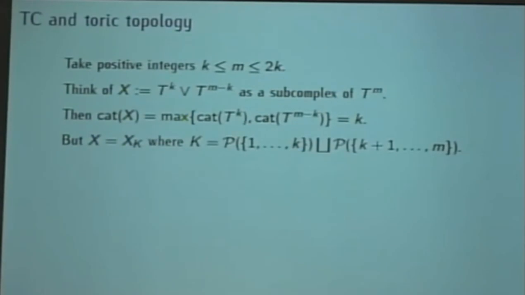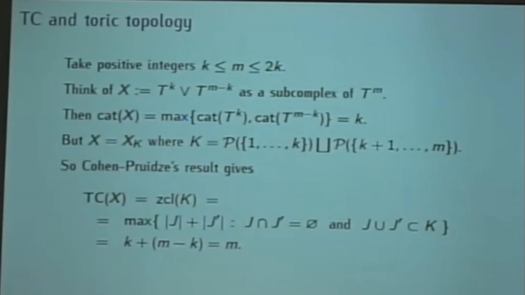So here one gets that one knows the topological complexity, namely this number. You have to find the disjoint simplices, and a very natural choice is the maximal one here and the maximal one there. So these are the lengths, and the sum is m, and so one has this prescribed number.